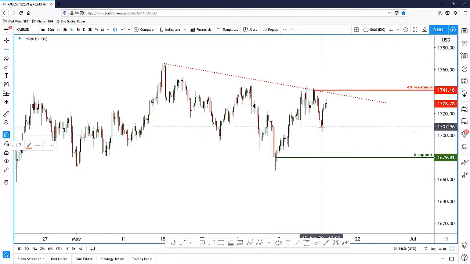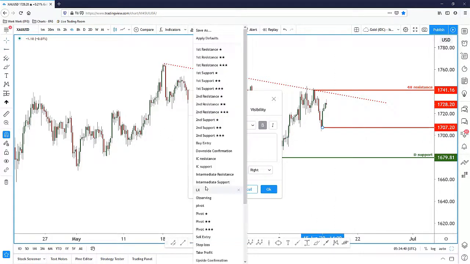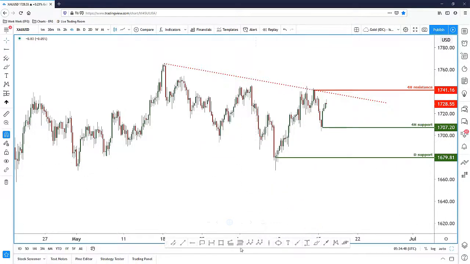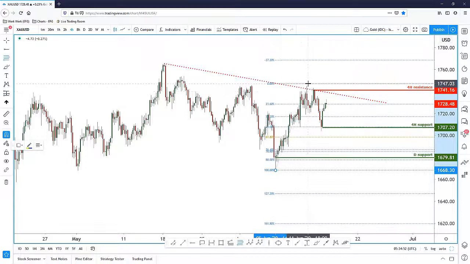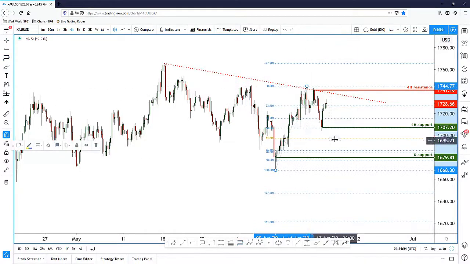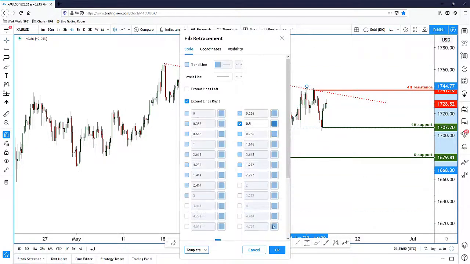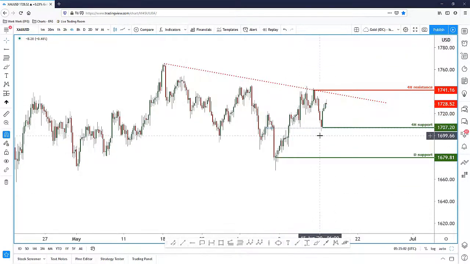This could be the first support level that we see price reach, so let me just call this the 4-hour support. We can also use Fibonacci retracement to see whether there are any nice levels that fall in line with the graphical level. And of course, we see that there's a 50%, so let me highlight this 50% for our support.